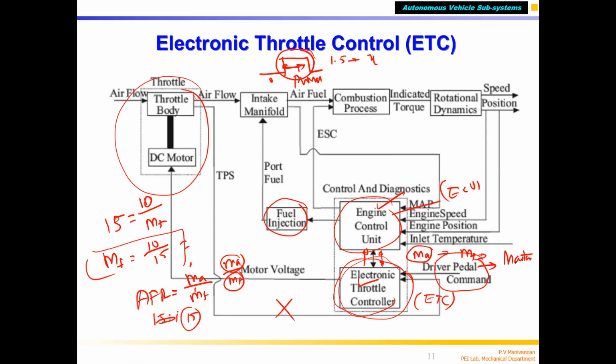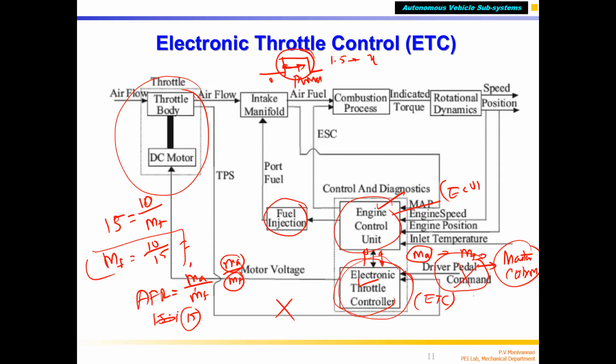So the driver is driving. But in the autonomous vehicle, there's a master controller which uses lidar, radar, and a camera to find the lane, all those things. It generates the control signal, an electronic signal, instead of the driver. Please note that the driver pedal also produces only an electronic signal. Now this master controller can directly produce the control signal instead of having a driver pedal at all.